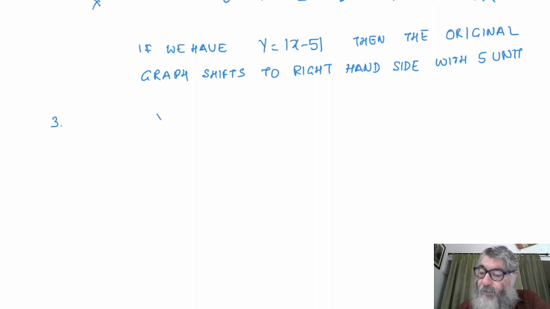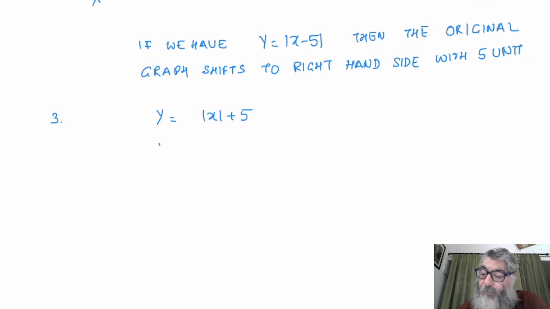Suppose now the curve is y is equal to modulus x plus 5. Now notice that 5 is not added to the x inside the modulus. It is outside the modulus. So it could be y minus 5 is equal to modulus x.